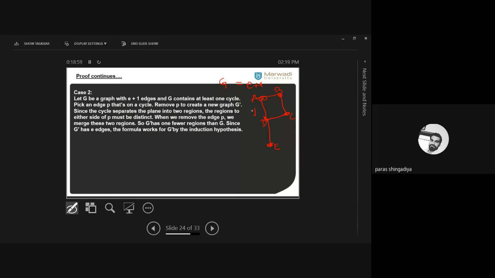So let us take this edge and call it P. That is the edge notation. We consider one cycle and pick up one edge P on the cycle. Now in the next step, remove P to create a new graph G dash. So we will get a new graph.